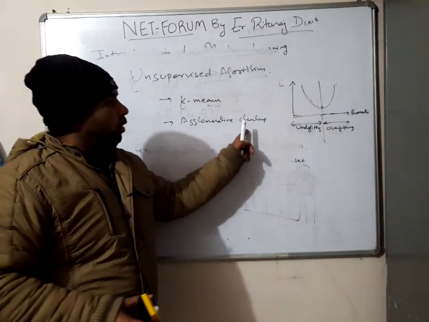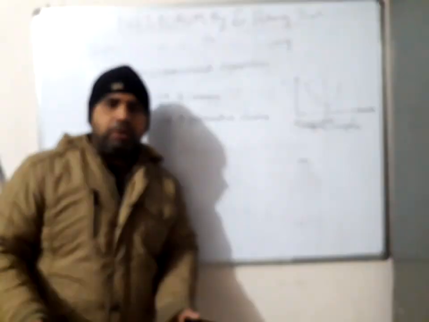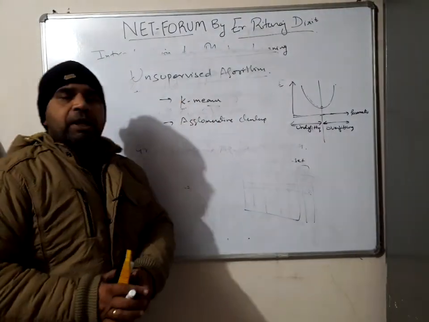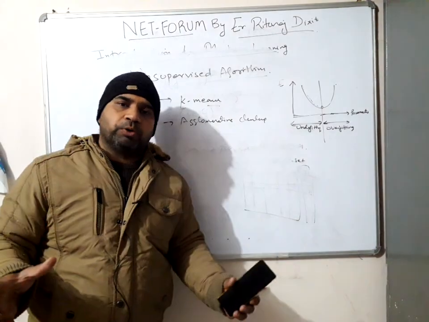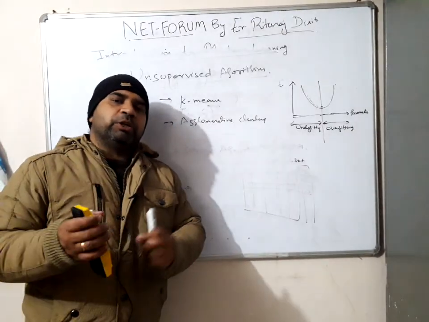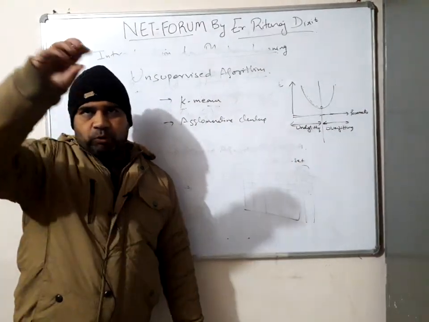The second one is agglomerative clustering. In agglomerative clustering, we cluster from bottom to top, whereas in k-means clustering, it is done from top to bottom. We determine how many clusters we want, and we keep calculating the equilibrium distances depending upon those clusters and points, and we try to make the clusters.